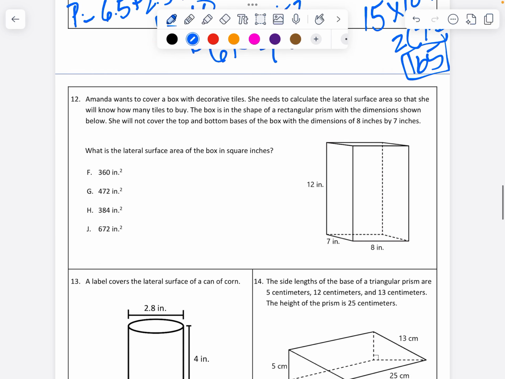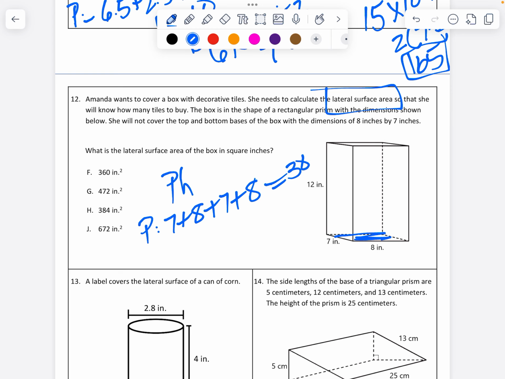All right, number 12. Amanda wants to cover a box with decorative tiles. She needs to calculate the lateral surface area. We know that it's this right here. So lateral is capital PH. We're going to need the perimeter. This is the base. So P is going to be 7 plus 8 plus 7 plus 8, which is going to be 30. The height is 12. And we're just going to multiply those.